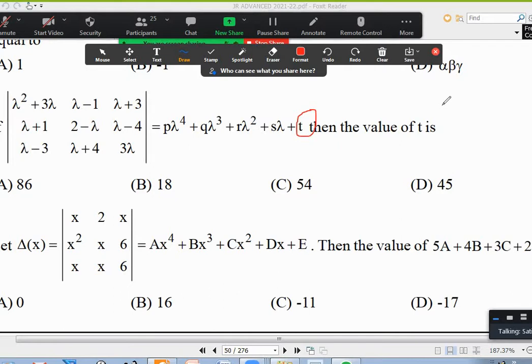I can substitute it and I'll get the t value.